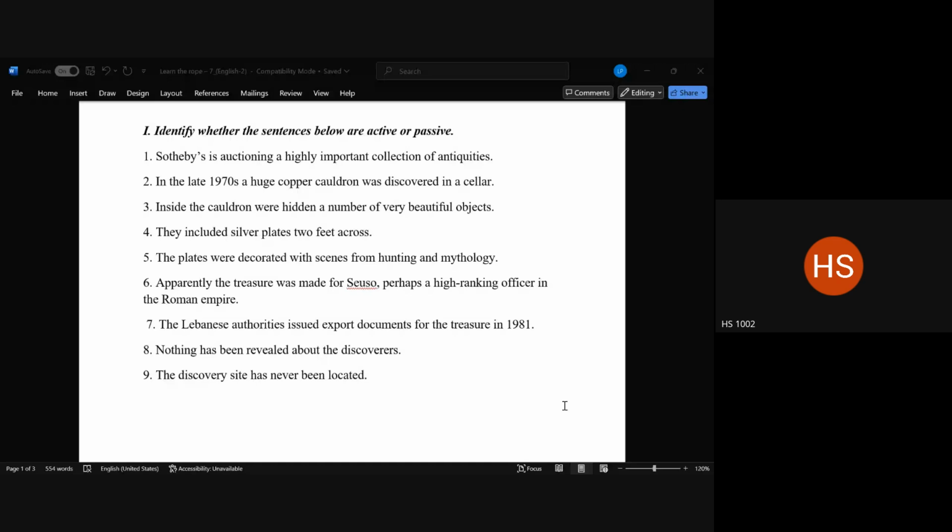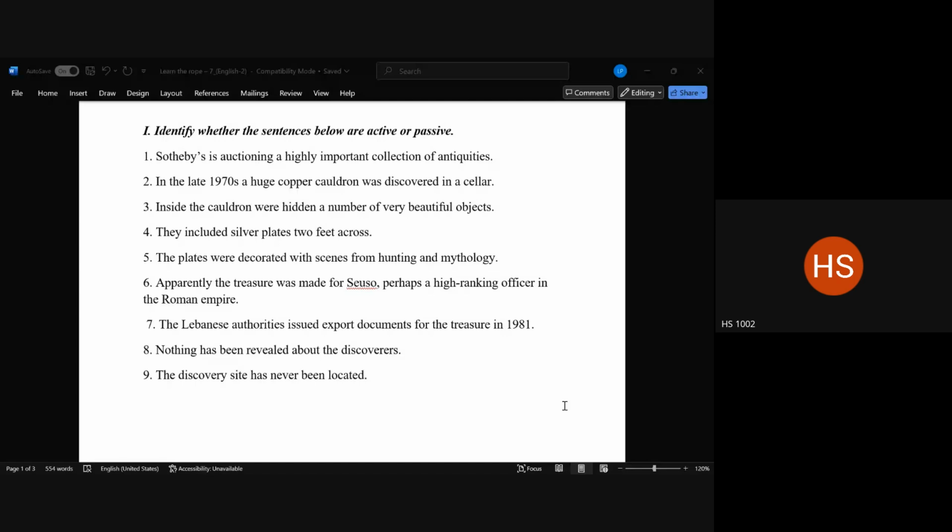All I need in the passive format of the sentence is to have the subject and then the passive morphology of the verb, right? So the snake was killed. That's a good passive sentence. By the boy is an adjunct. I can always choose to not have it. Now, by the same logic, the sentence is constructed the same way. Nothing has been revealed about the discoverers. The sentence has decided to omit the subject. There's no subject that is mentioned.